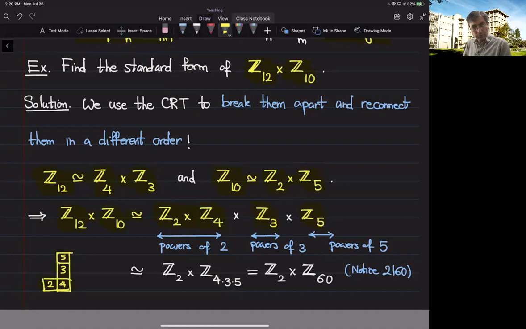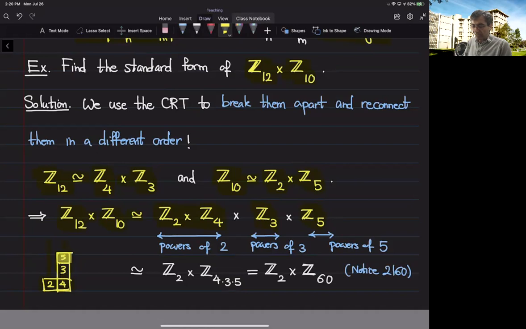Now I want to group them together, and I notice that if I go over each one of these columns, I end up getting powers of distinct primes, and therefore they are co-prime to each other, and therefore I can group them together using the Chinese remainder theorem. So what do I mean by that?